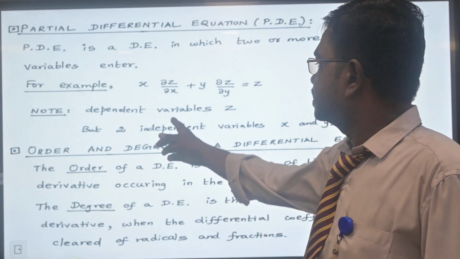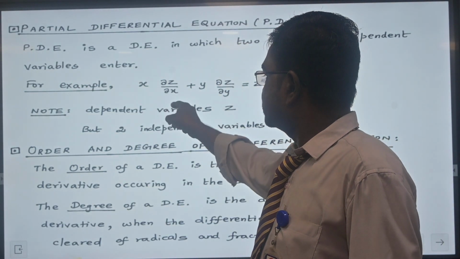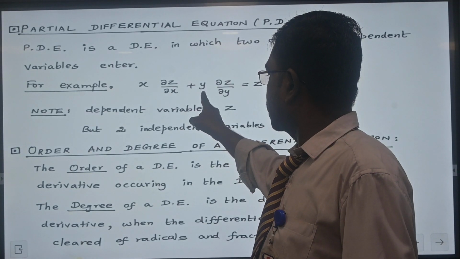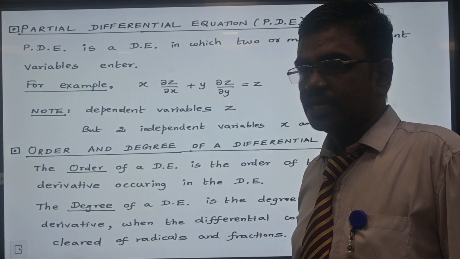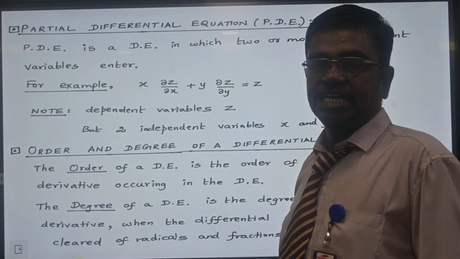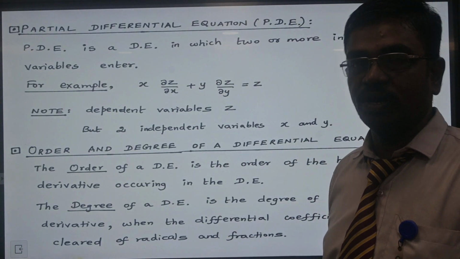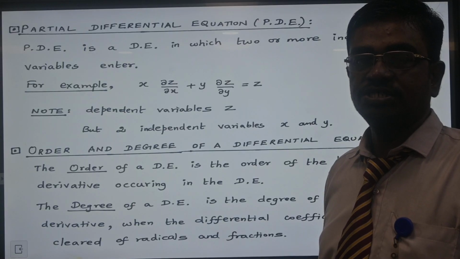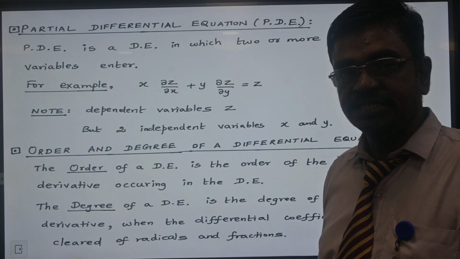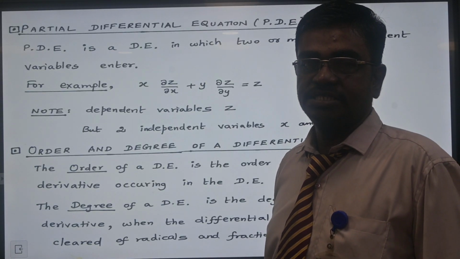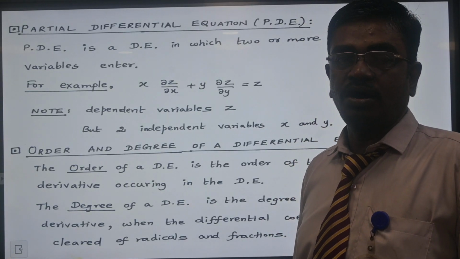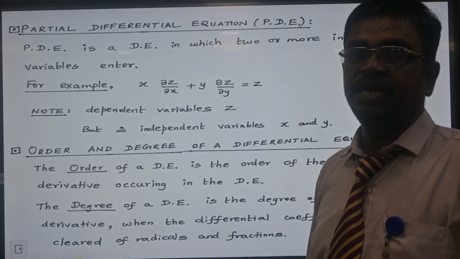The example is x dou z by dou x plus y dou z by dou y equal to z. Here z is a function of x and y. That means z is the dependent variable, but x and y are two independent variables.